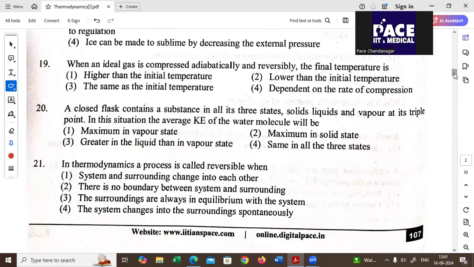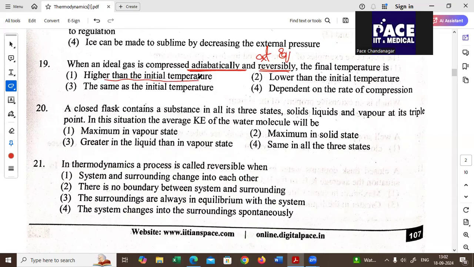When an ideal gas is compressed adiabatically, what does adiabatic mean? There is no heat exchange in the system. That is an adiabatic process. Adiabatic and reversible process. Reversible means the system is at equilibrium. The final temperature is always higher than the initial temperature.